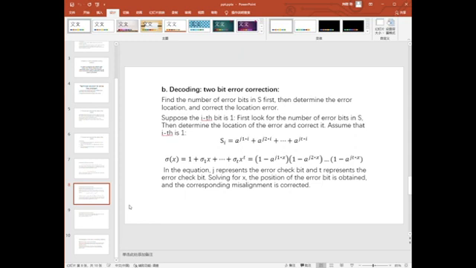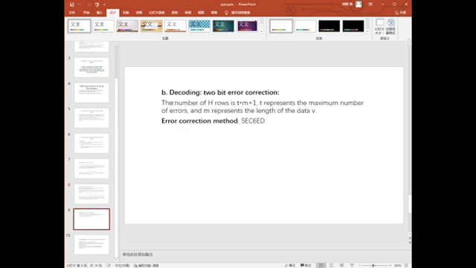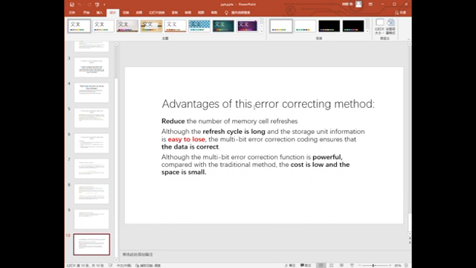The position of the error bit is flipped and the corresponding error is corrected. The decoding of this uses two error corrections. The number of H rows is t multiplied by m plus 1. T represents the maximum number of errors, and m represents the length of the data word. The error correction method for this is 5EC6ED.